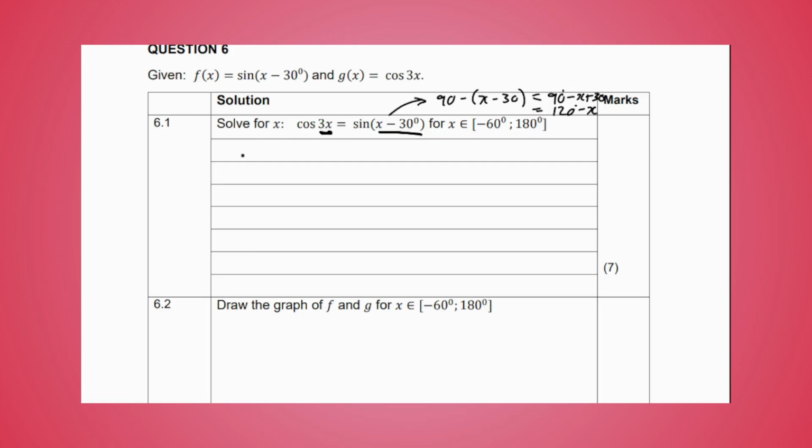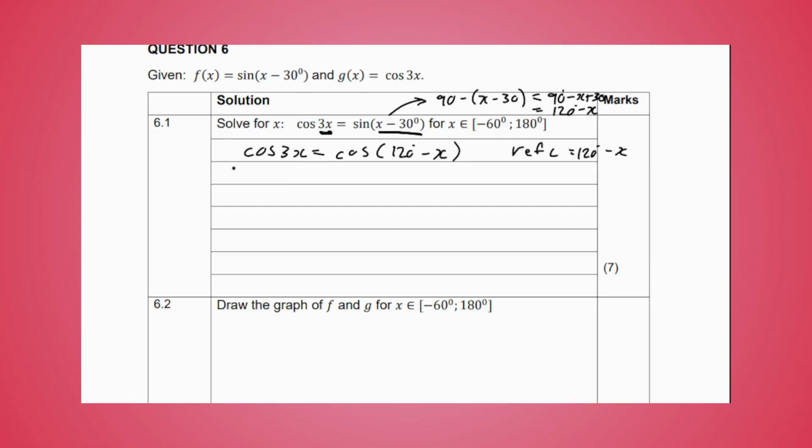So then you have cos 3x is equal to cos (120 minus x). Okay, so you change it to its co-function with the angle that is complementary. You can use one of these as your reference angle. Let's say we're going to use the reference angle to be 120 minus x.